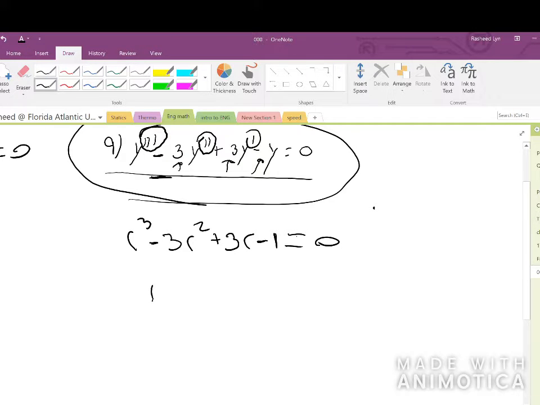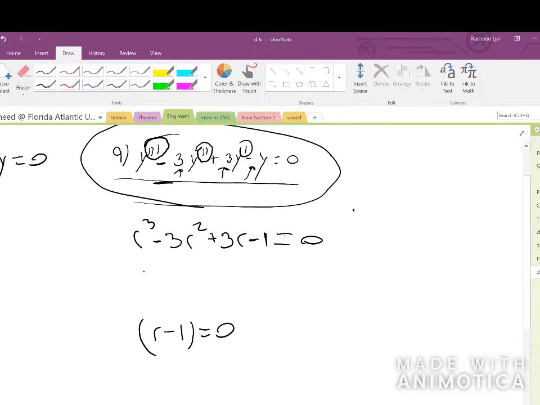So you know one of the r values will be r equals 1. Now that you know r equals 1, if you subtract it back over, you have r minus 1 equals 0. Now from here you want to do a synthetic division.